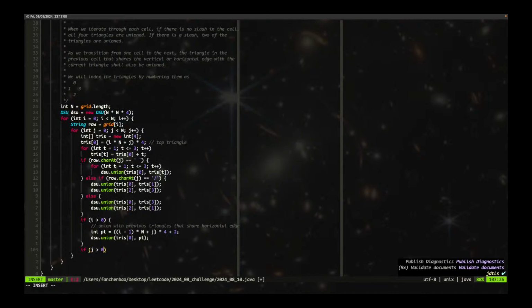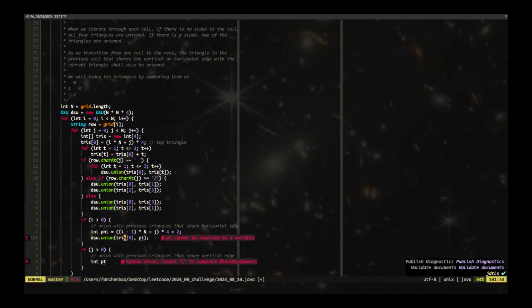If j is larger than 0, union with previous triangles that share a vertical edge. Okay, let's use different names: previous vertical t, pvt. Okay, this is a vertical edge.